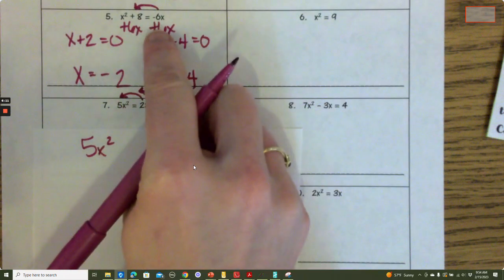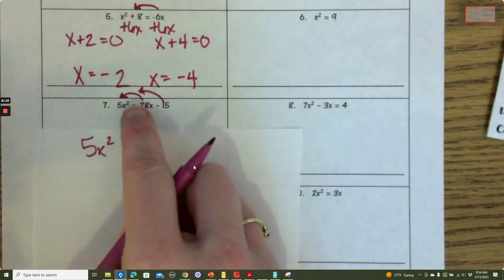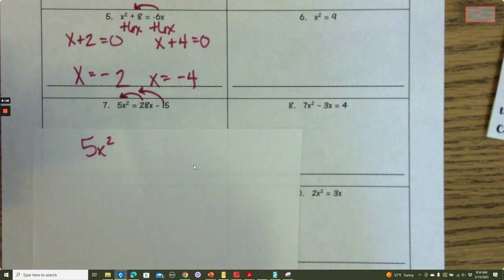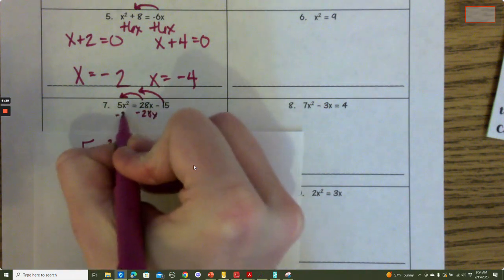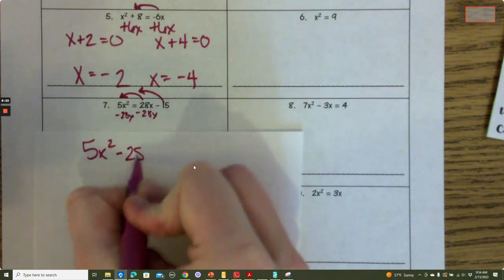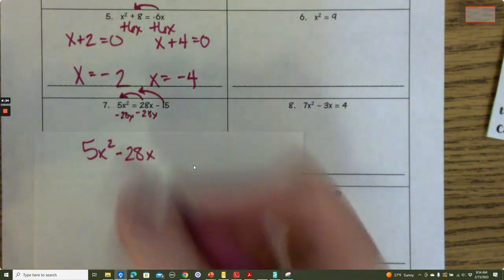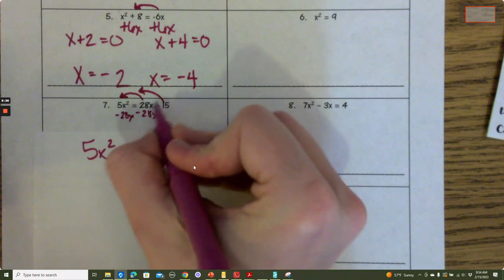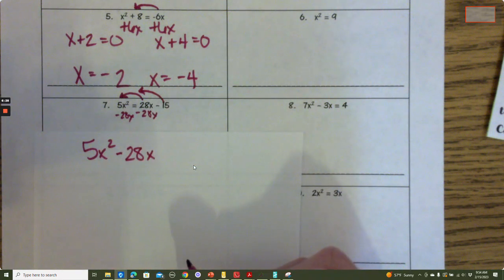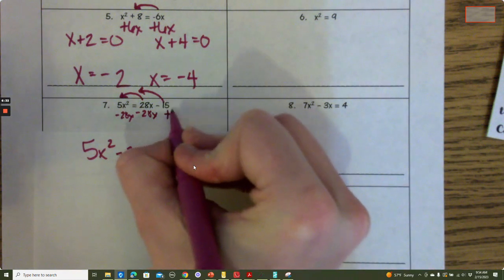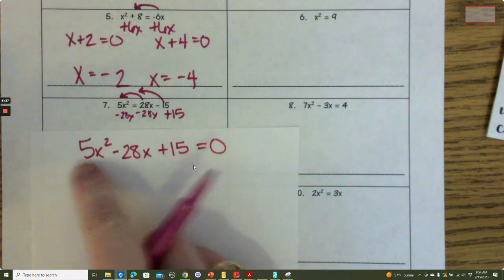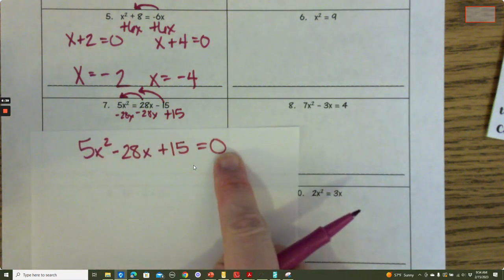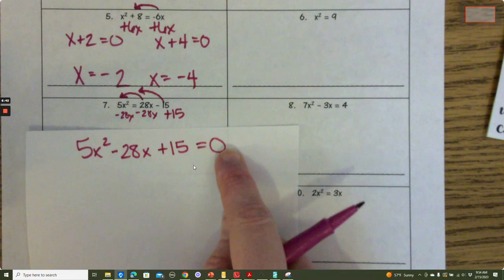So if we added the 6x to move it, how would I move a positive 28x? Subtract it. So I'm going to subtract 28x from both sides. So I can just tack it on, minus 28x. And then how am I going to move a negative 15? Positive, yep. Add it, do the opposite. So all the pieces on one side, and I need the other side to be 0 on these quadratics. Okay?